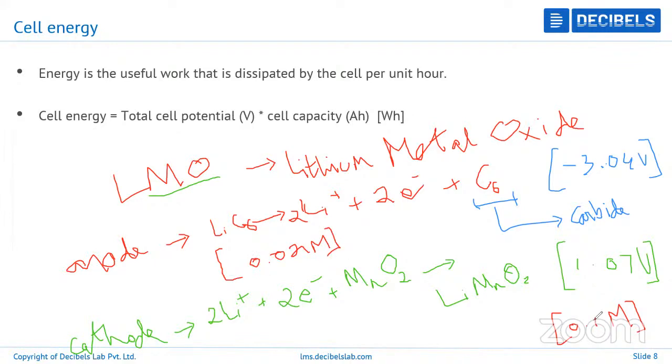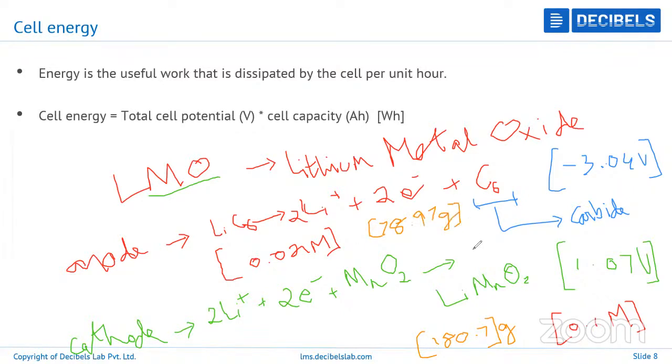So we now know the cathode and anode concentrations. One last thing is the molecular mass. At the cathode, the molecular mass is 180.7 grams, and at the anode, it is 78.97 grams.